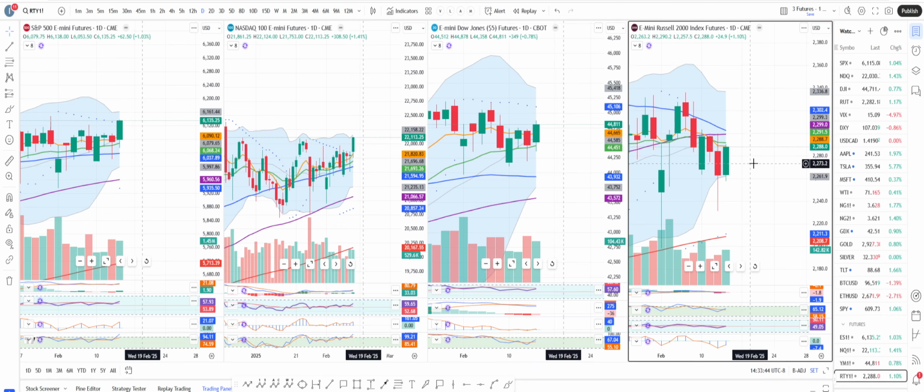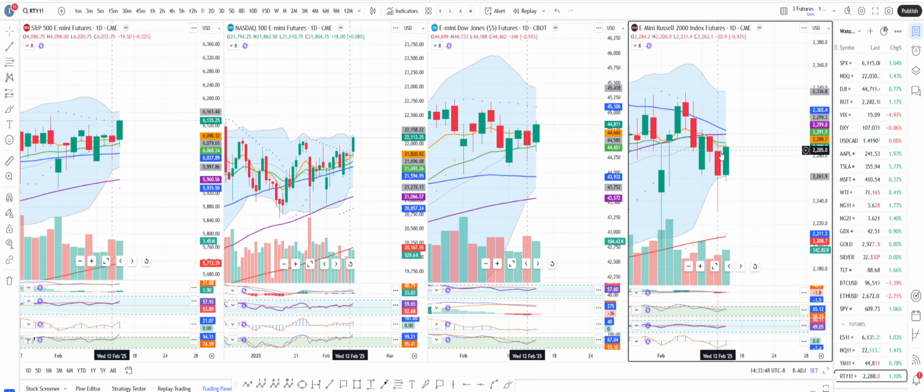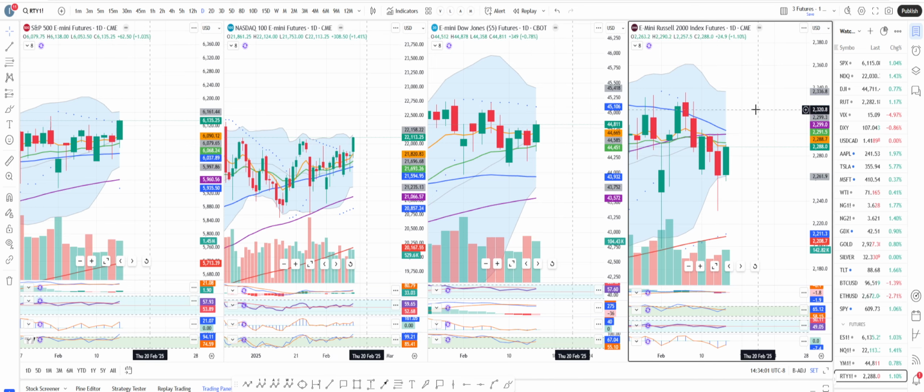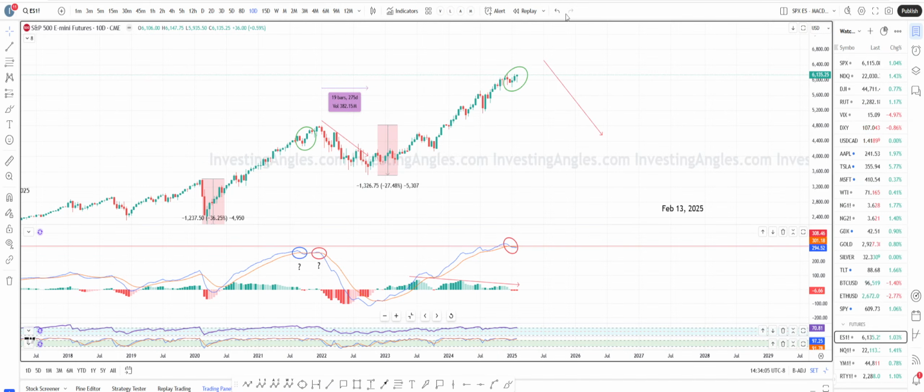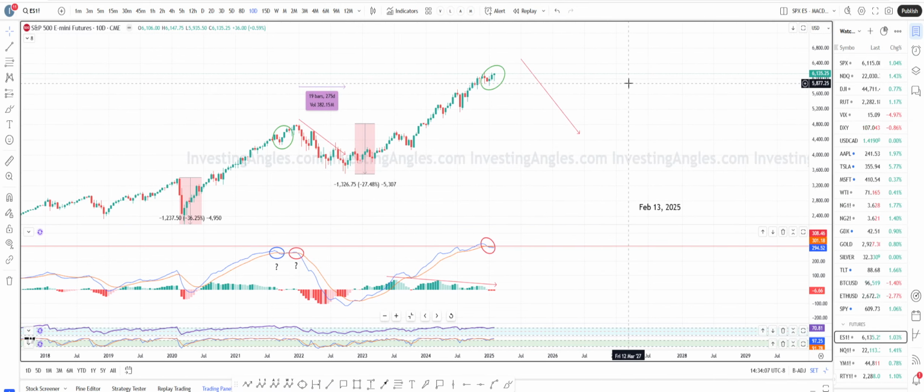The futures for Russell, even though they were strongly bearish yesterday, tried to negate it today, and we need another green candle closing above this red one in order to confirm a reversal. Now let's have a look at the technical side.